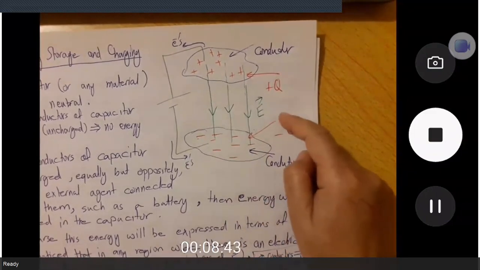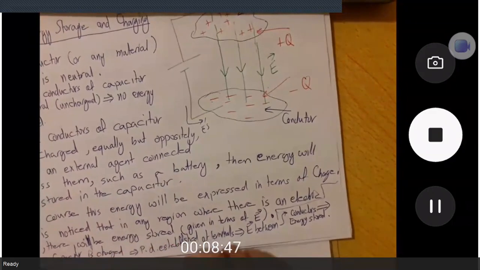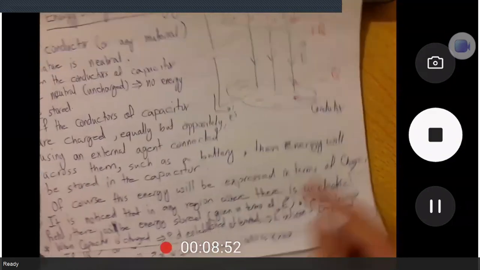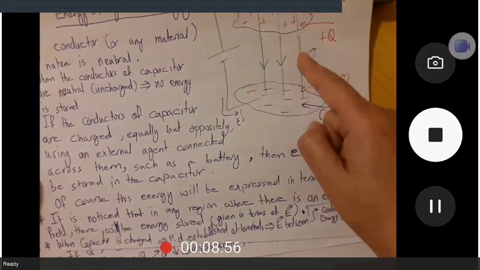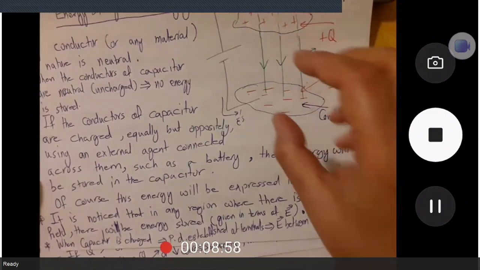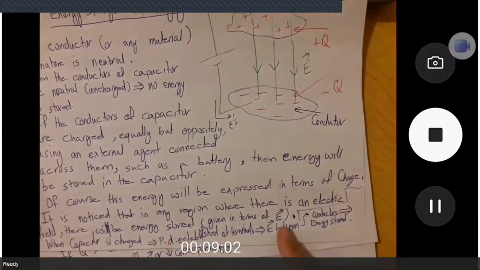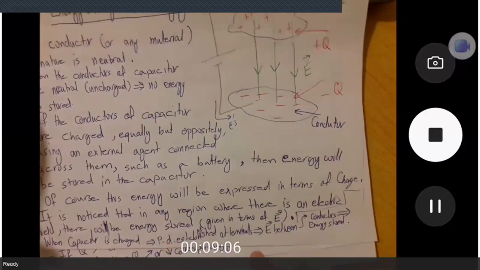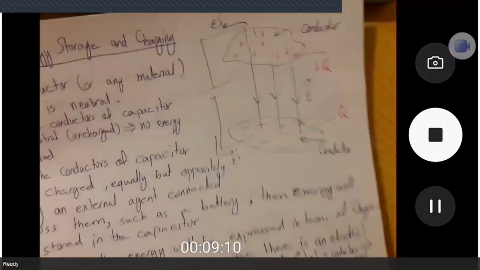This is the electric field. And now we are saying that any region that has an electric field will have energy stored. Surely here an electric field region is constructed because we charged the capacitor. So there will be energy stored, and we will talk about it later and give the expression when we come to that part.